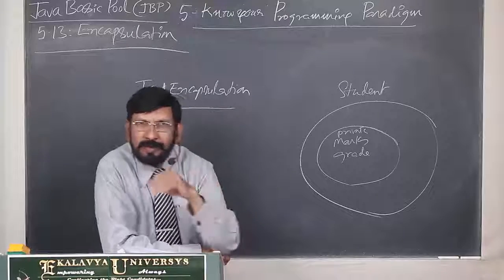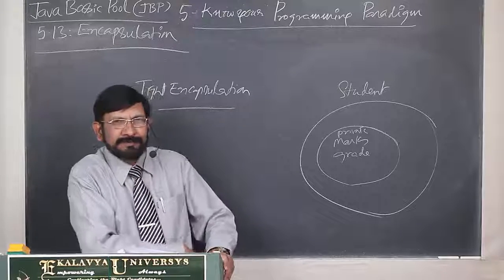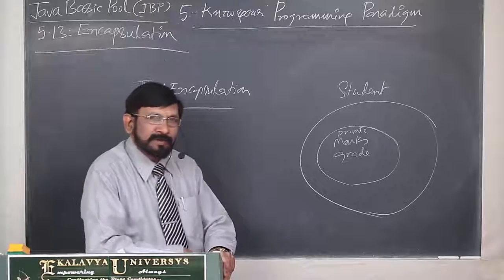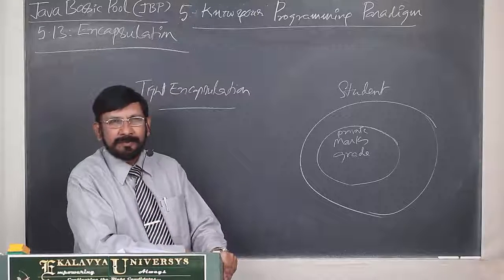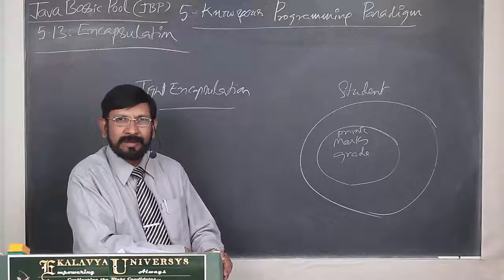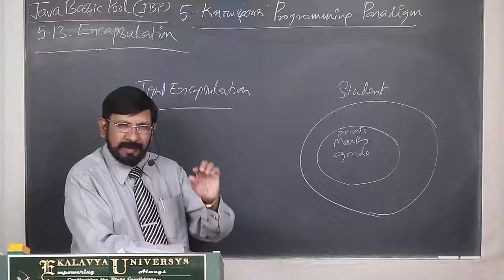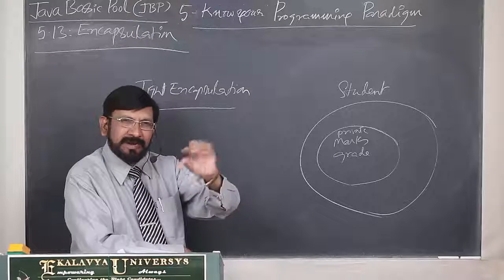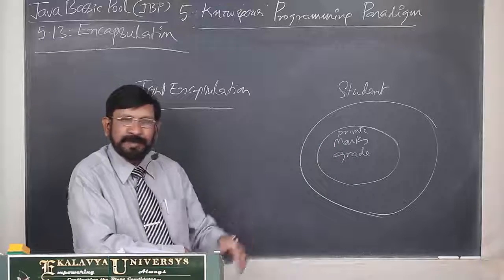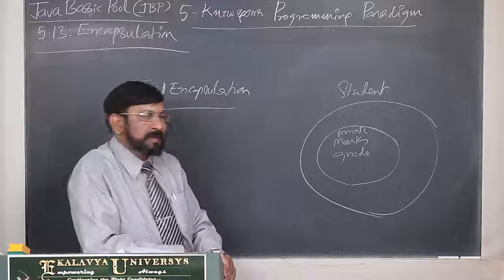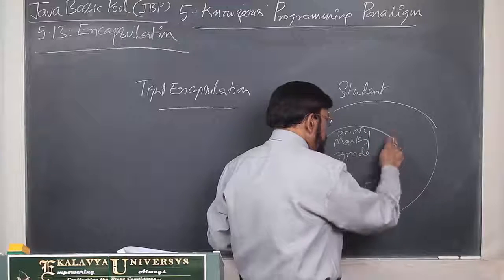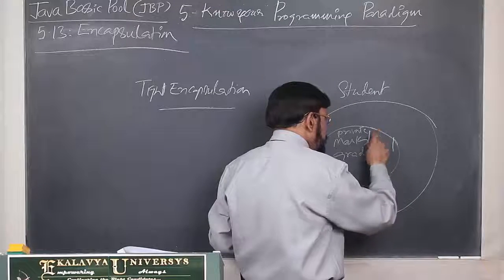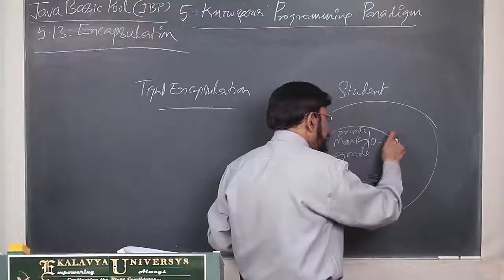And one more privilege you can get through this mechanism. What is that? Validity of the things also you can control, because always the valid data which is relevant to that particular field should be given. Suppose marks are there. In the marks field, what is the valid data? It should be between 0 to 100.